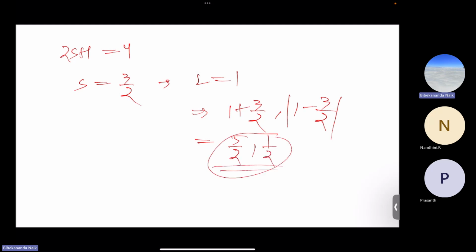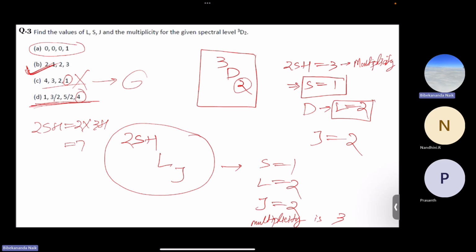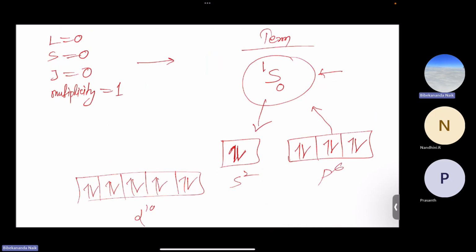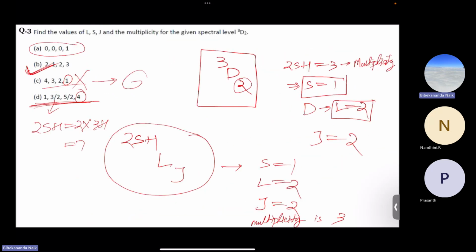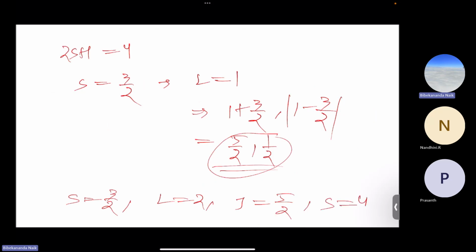These are the values of J. But here L is 2, S is 3 by 2, and J is 5 by 2, and the multiplicity is 4. So this type of term will be 4D 5 by 2. So this will be the spectroscopic term corresponding to option D.